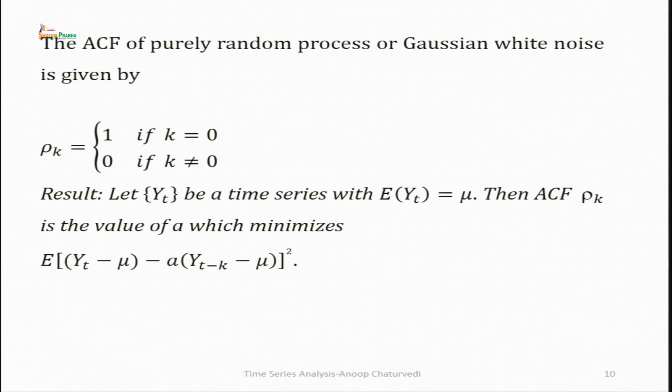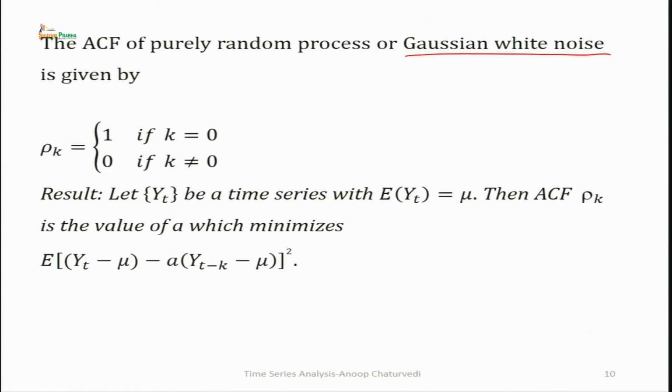Now, suppose we consider the ACF of a purely random process, also called the Gaussian white noise process. Why is it called a white noise process? This point I will discuss in some other lecture, when I teach you frequency domain analysis.